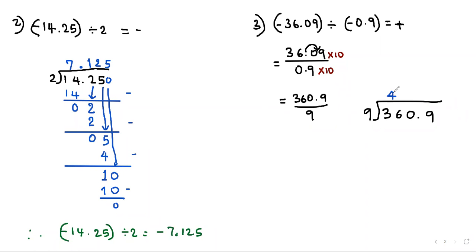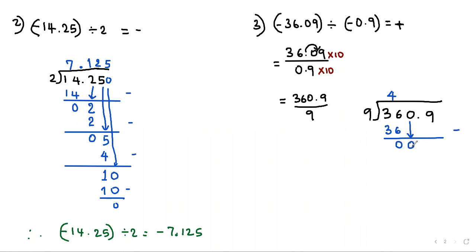And what is 4 times 9? 36. Okay. What is 36 minus 36? 0. Now we can bring this 0 to come here.